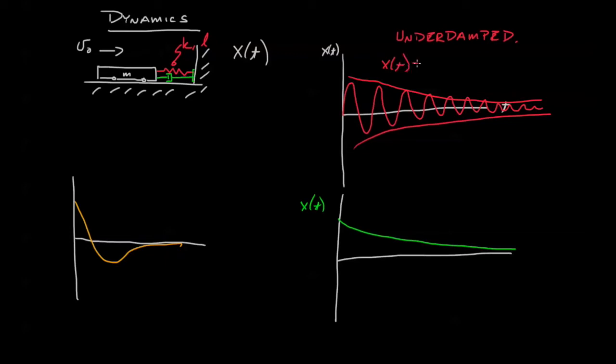It looks exactly like our a cosine omega t plus b sine omega t times some sort of exponential. And in fact, that's exactly what you have: e to the negative alpha t, some exponential, multiplied by our a cosine omega t plus b sine omega t. So really simple, really straightforward.